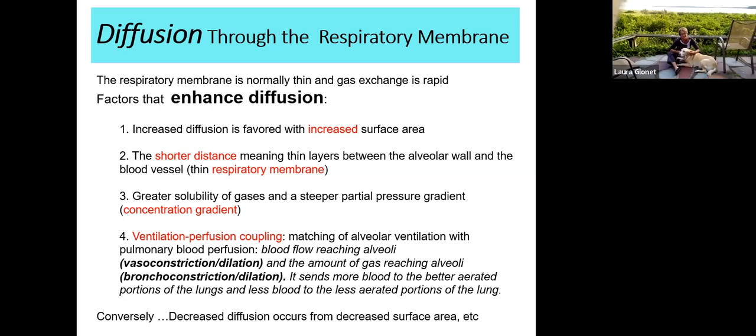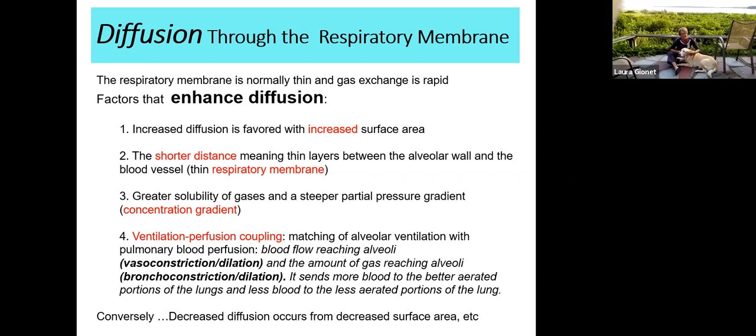Things that enhance it: increased diffusion is favored with increased surface area. The more nice plump alveoli you have, those little grapes for diffusion with nice capillary beds surrounding them, the more diffusion will occur. The shorter the distance between the layers of the alveoli and the blood vessel, meaning the thickness of that respiratory membrane, the faster the diffusion. We want it super thin, like two very thin pieces of paper next to each other.